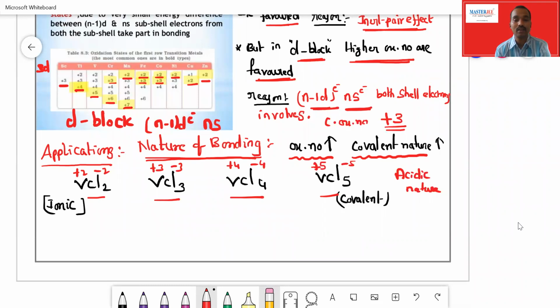Where the metal exhibits the highest oxidation number, there it will exhibit the highest covalent character, and it will have acidic nature. We can explain the acidic nature as well as the covalent nature here. Where it is exhibiting the least oxidation number, it exhibits ionic nature. So this is about oxidation number and some of its properties.